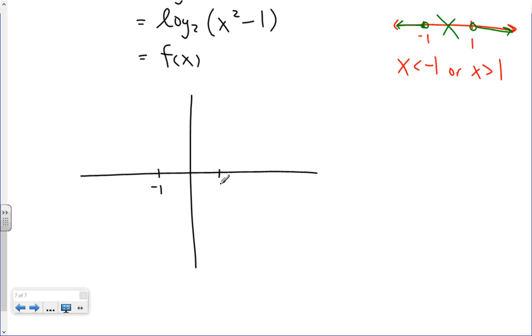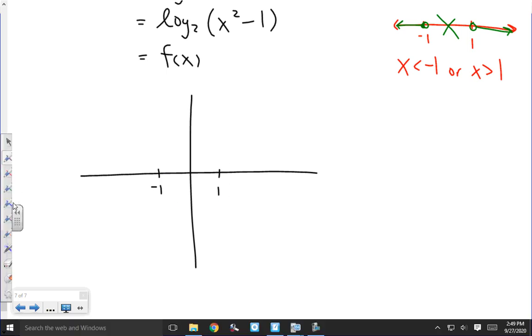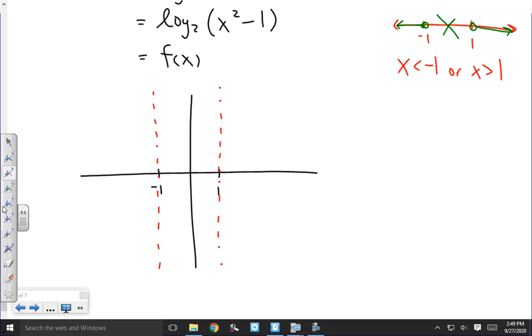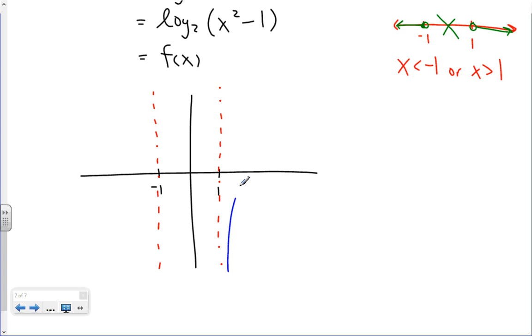That means that we're excluding this interval between negative 1 and 1, so there's going to be a vertical asymptote on either side of this. And there's not a negative sign out in front of my logarithm, so it's an increasing logarithmic function. So it must look something like this over here, and because there's symmetry across the y-axis, it must look something like this over here. That's our sketch of what this function must look like. All right, that's all we need to know there from section 2.6.